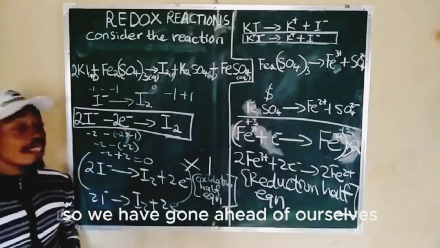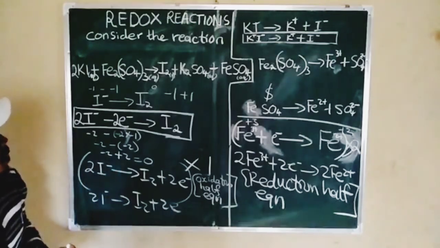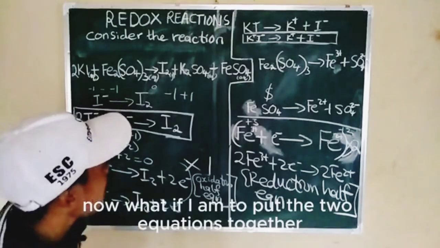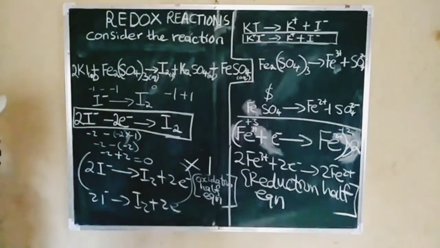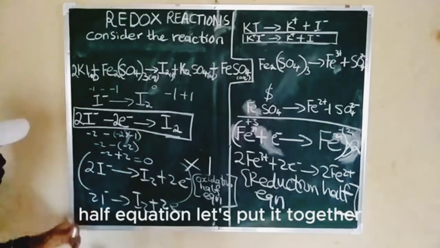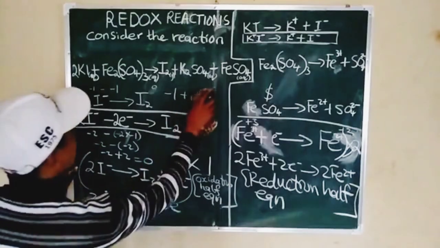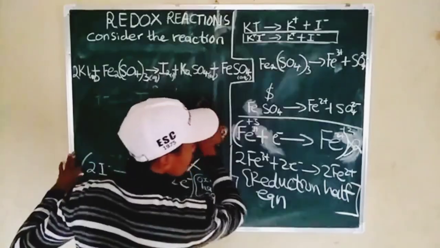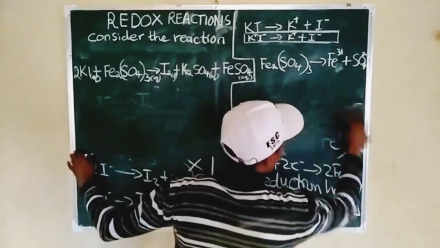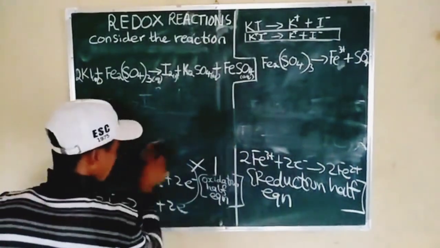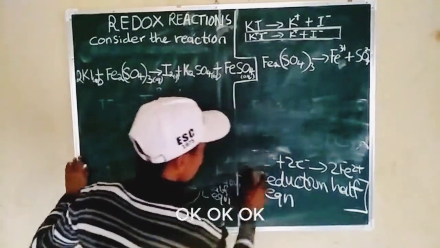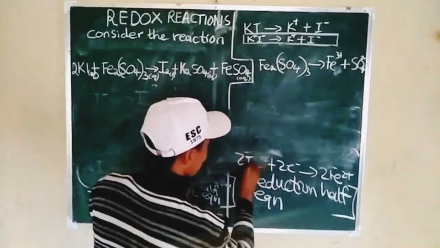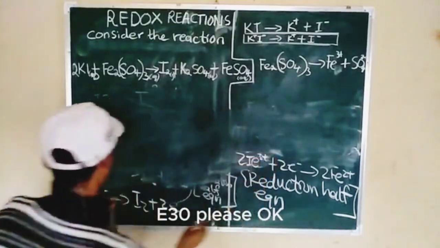So, we have gone ahead of ourselves, we have balanced this. Now, what if I am to put the 2 equations together? Let's put the oxidation and the reduction half equations together.